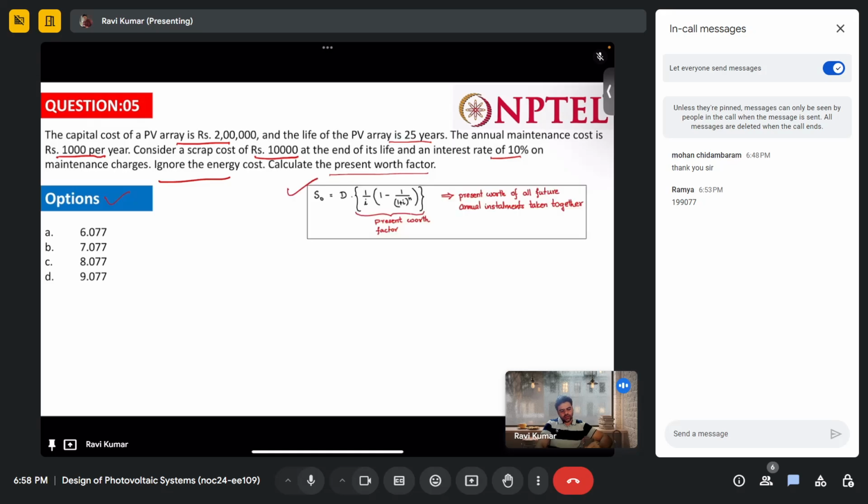Okay, this is the formula, and this is the present worth factor without F. Now I think you can calculate easily. How much you are getting?